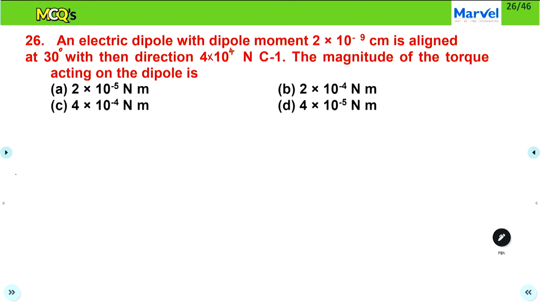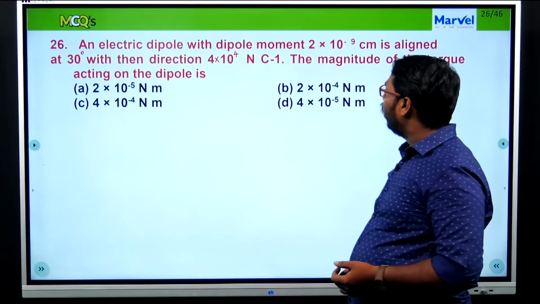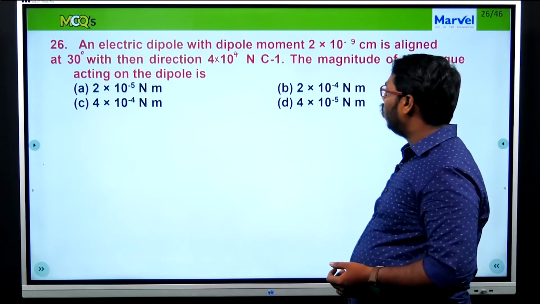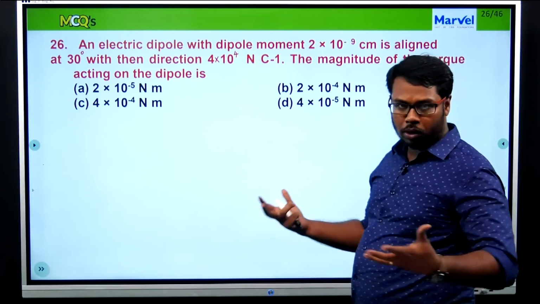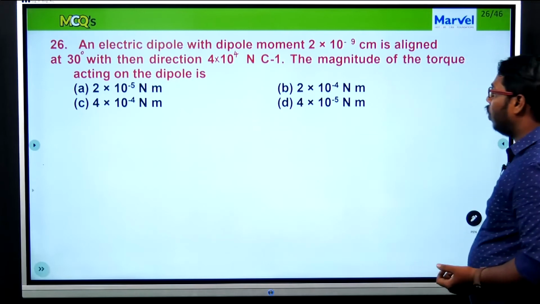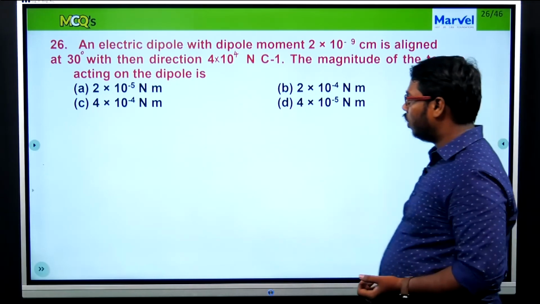Now, the next question goes like this. An electric dipole with a dipole moment of 2 into 10 power minus 9 centimeter is aligned at an angle of 30 degrees with the direction of a 4 into 10 power 4 Newton per Coulomb electric field. What you are supposed to find is the magnitude of the torque acting on the dipole.